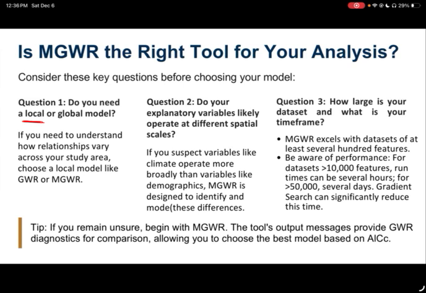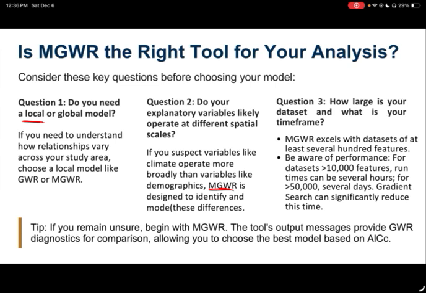And the second, do you need your independent or explanatory variables to operate at different spatial scales? If yes, you need to use MGWR.